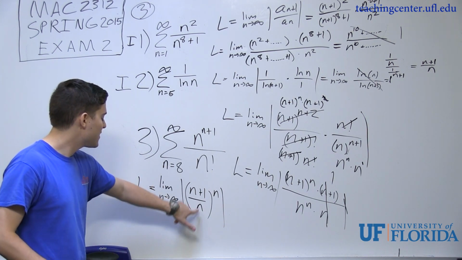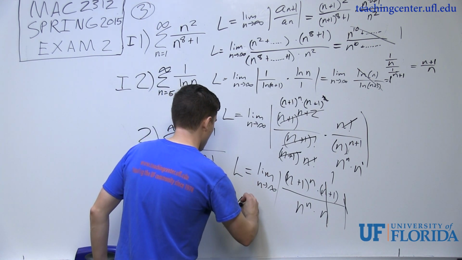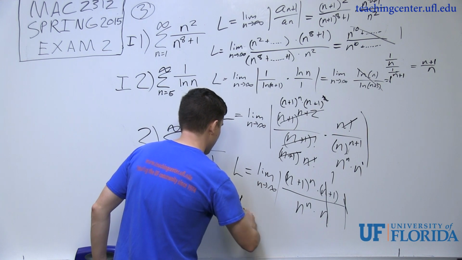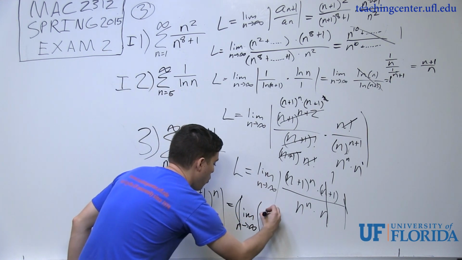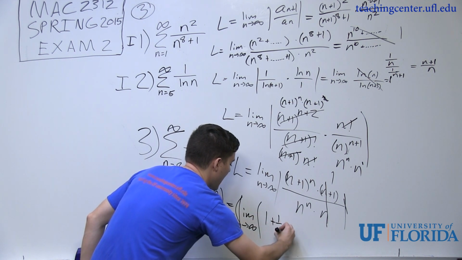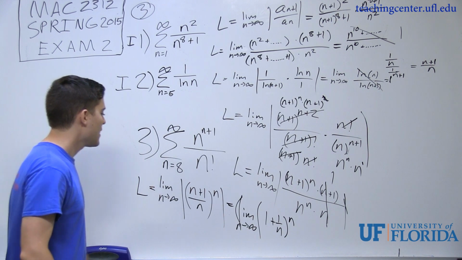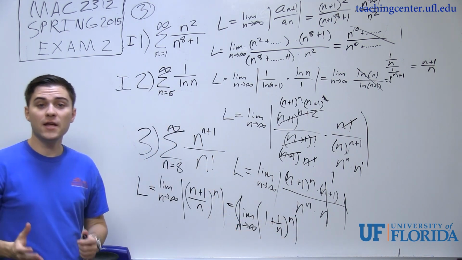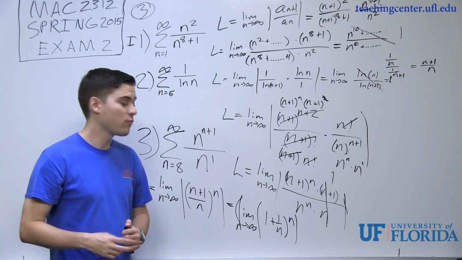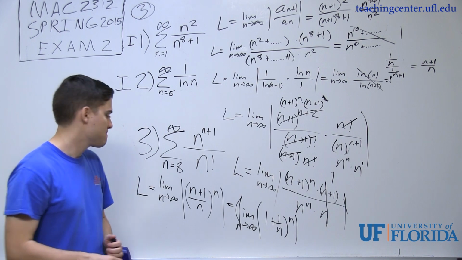If I simplify this out, I end up getting the limit as n approaches infinity of 1 plus 1 over n to the n. Now that limit is already predefined. It's been done in class, and there is a proof for it. The limit of this, as n goes to infinity, is e.